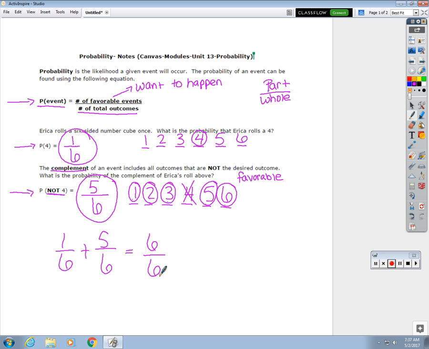That's because the sum of the probability of her rolling a 4 and the probability of her not rolling a 4 is every single event that could happen. So the probability of an experiment and its complement is going to equal a total of 1. So you can see that.